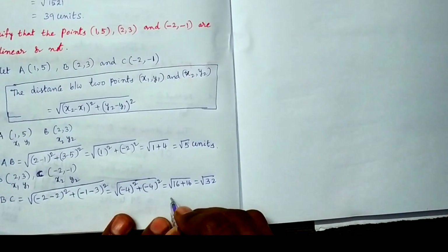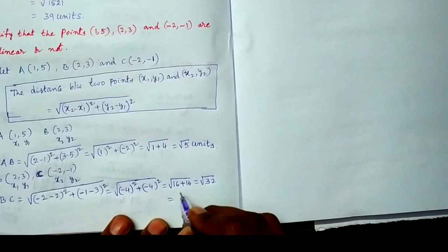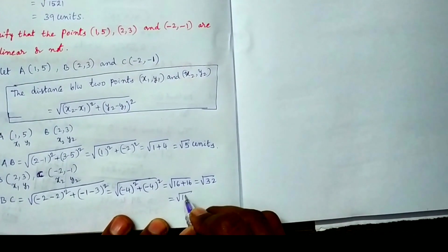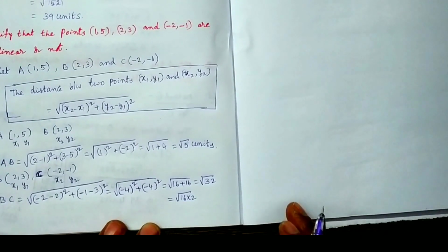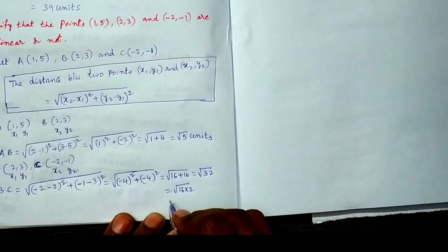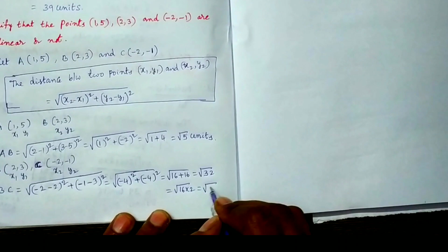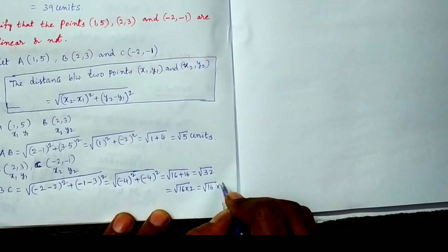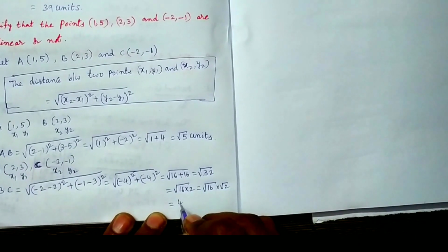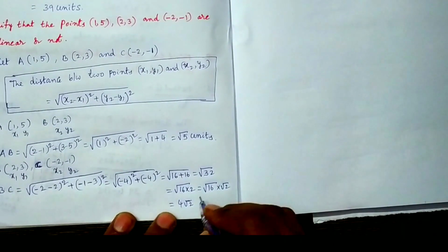Root 32 we can write as 16 into 2, that is root 16 into root 2. So we can write it as 4 root 2 units.